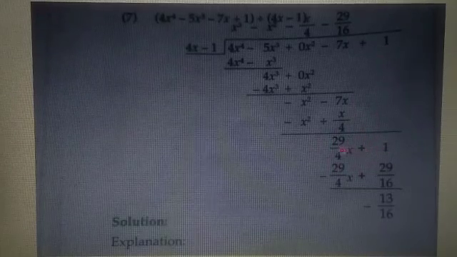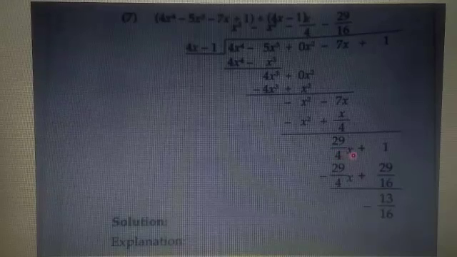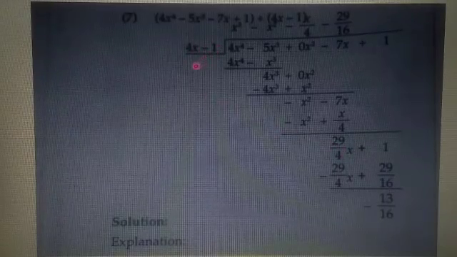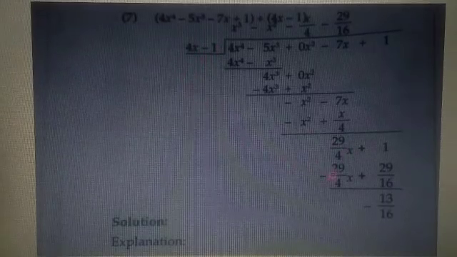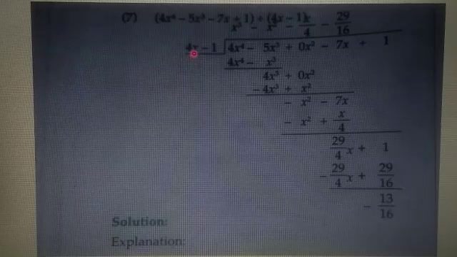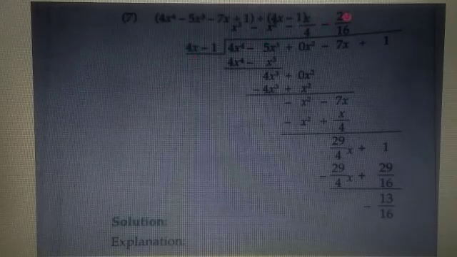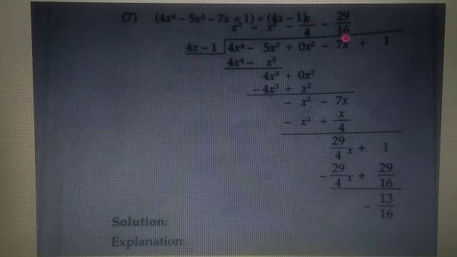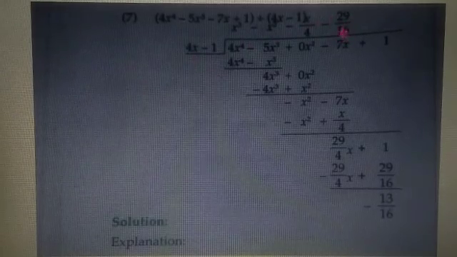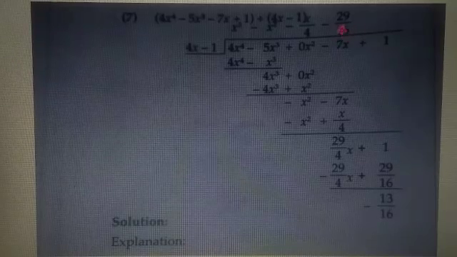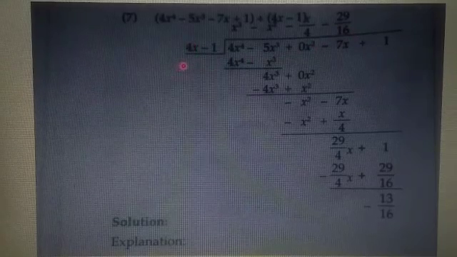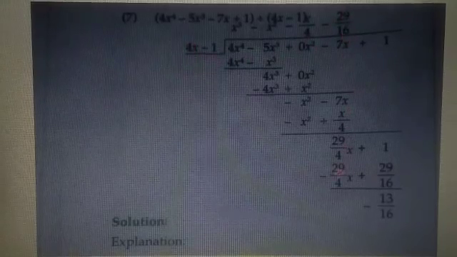Okay. Now minus 29 upon 4x we want now. So 4x minus 1 is multiplied by what number to get minus 29 upon 4? So if you multiply 4x by minus 29 upon 16. Why 16 here? Because you have to make the factors of 16 as 4 into 4, so that this 4 and 4 get cancelled, and 29 upon 4 is as it is.